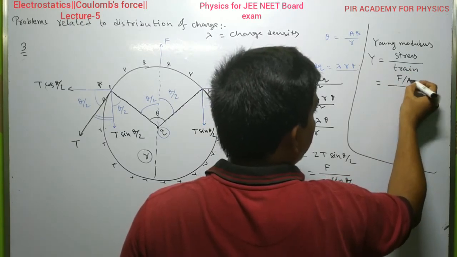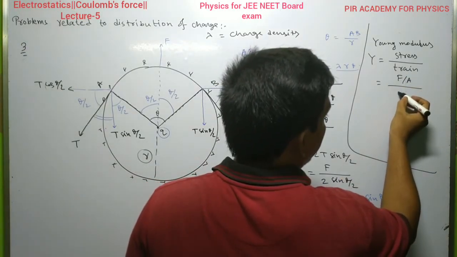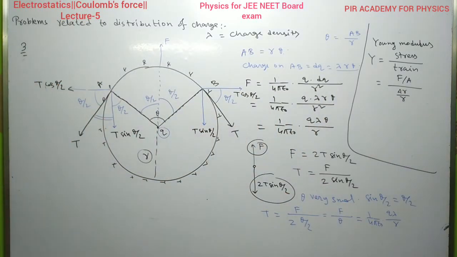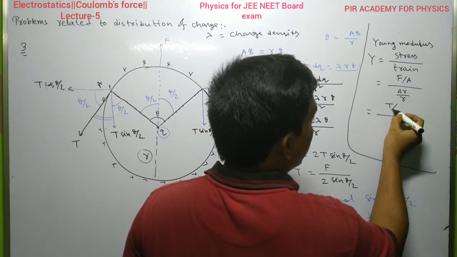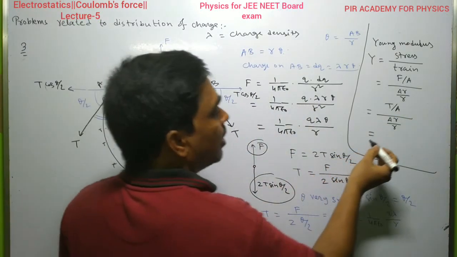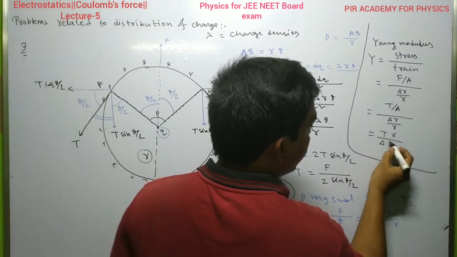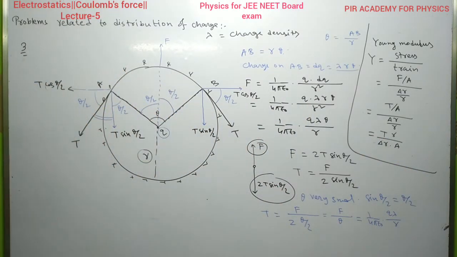F by A. And strain is del R by R. Here F means tension. So it will be T R divided by A into del R. This is the Young modulus.